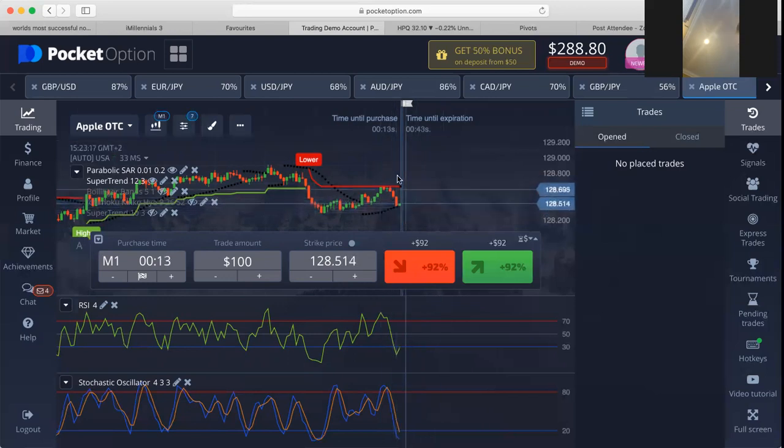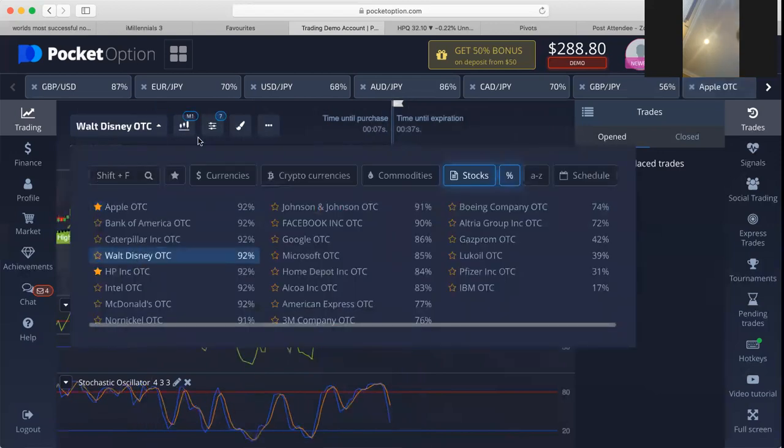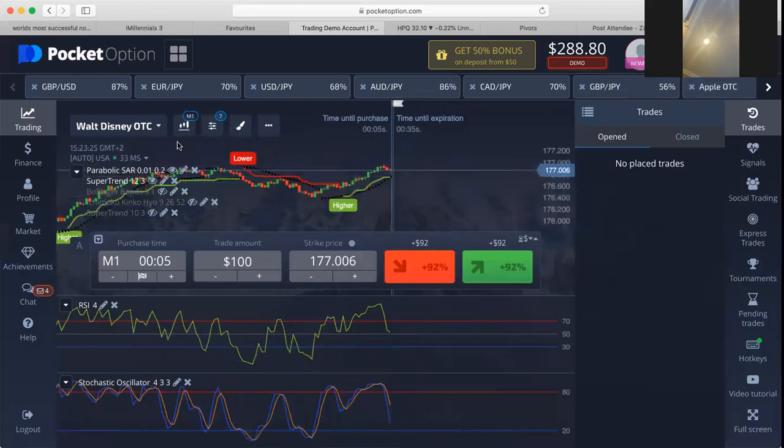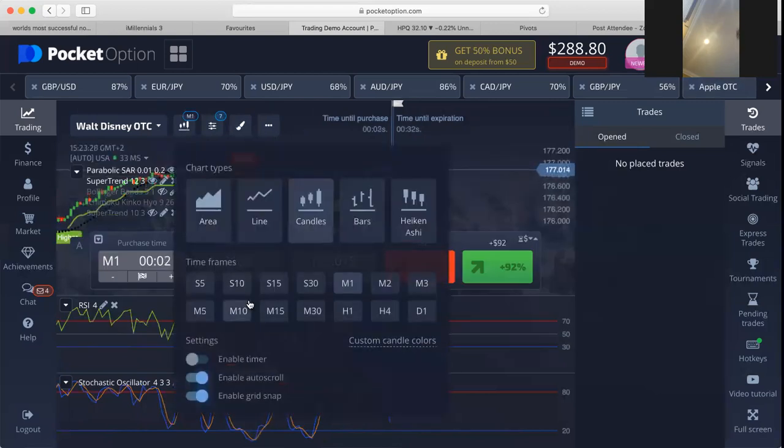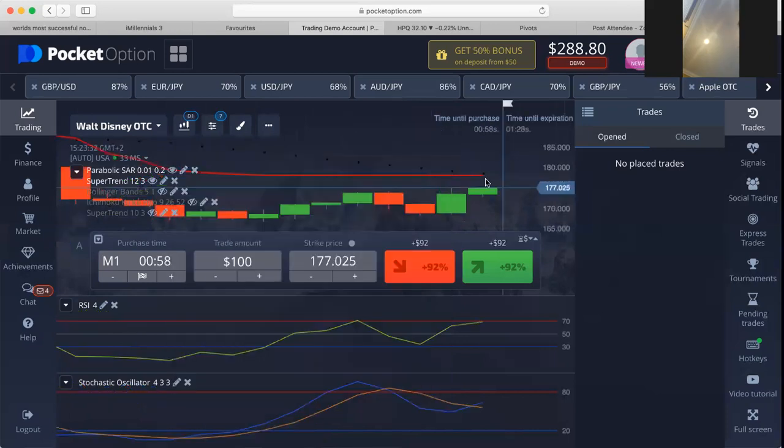Let's see. The daily on Walt Disney World looks like it's going up. It's in the green. Let me check my stuff. All right, on Disney, yep. So price looks like it's gonna shoot up a lot with Walt Disney today.